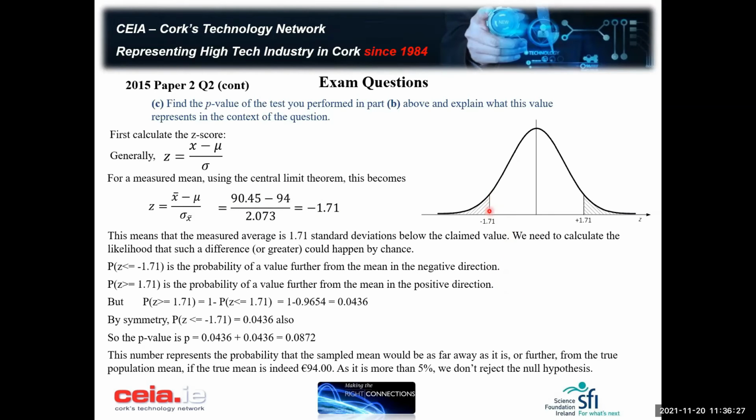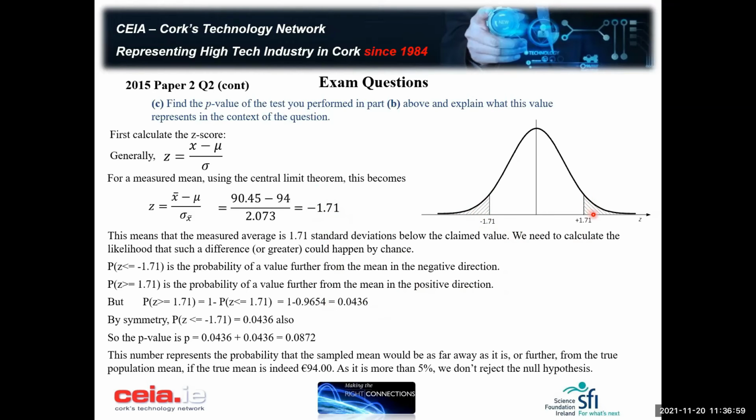Now the p-value is the probability that this particular score or something more extreme or worse than it could have happened by chance. And that is the probability that Z is less than minus 1.71, a more extreme, a more far out value.